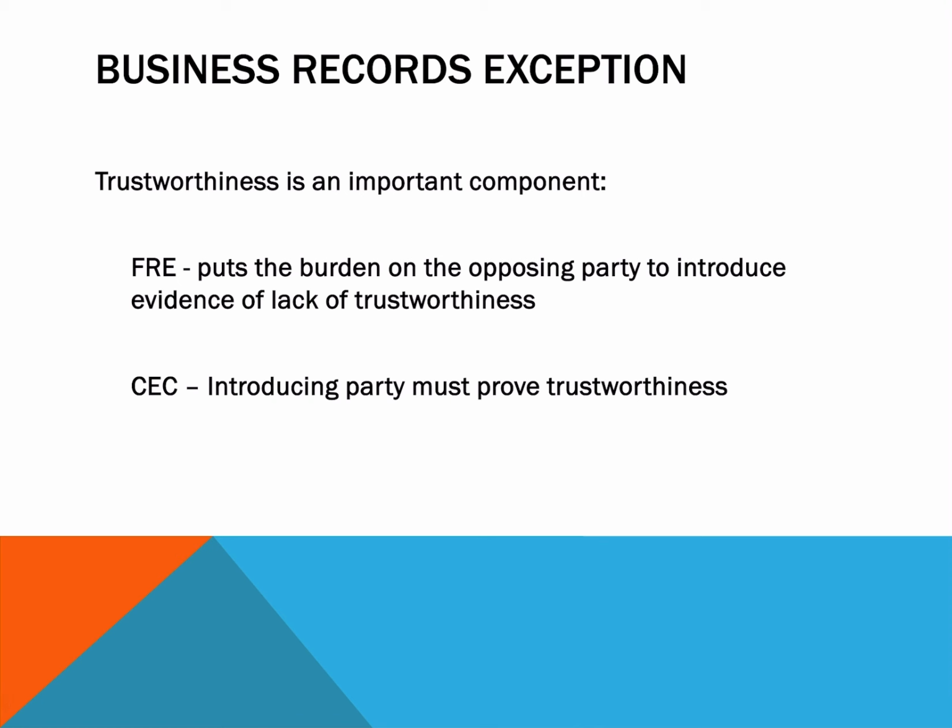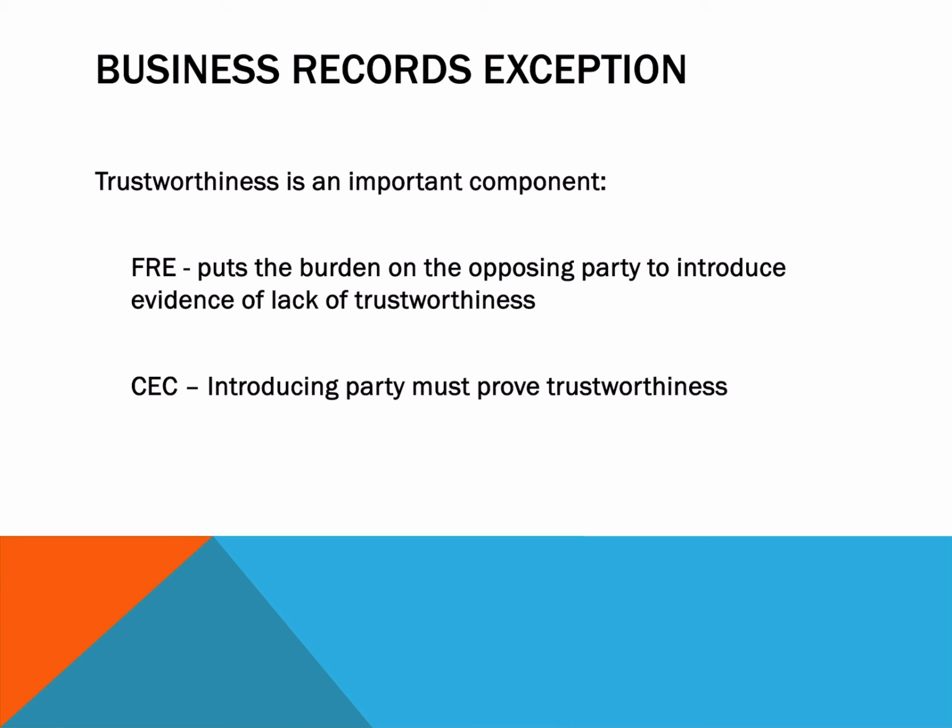So this trustworthiness is an important factor. It'll be difficult to find facts about that within your hypo, so you'll need to address it, but be saying things like, if it shows trustworthiness or if the party can prove it's untrustworthy. But you do still need to know that this is one of the factors of the rule.